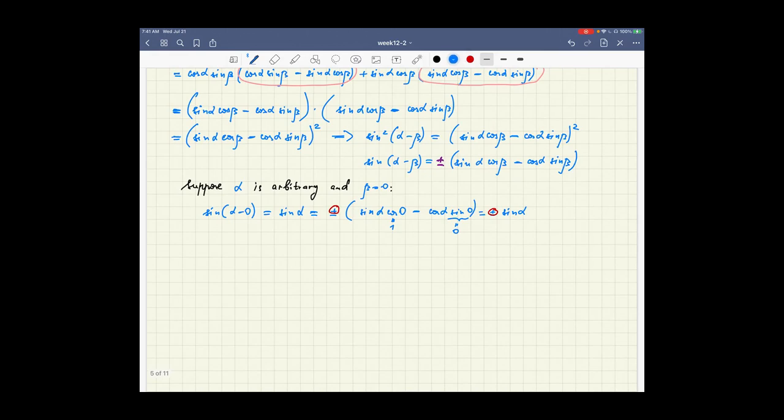So finally we get our formula as sine of alpha minus beta equals positive sine alpha cosine beta minus cosine alpha sine beta. That is the sine of a difference formula.